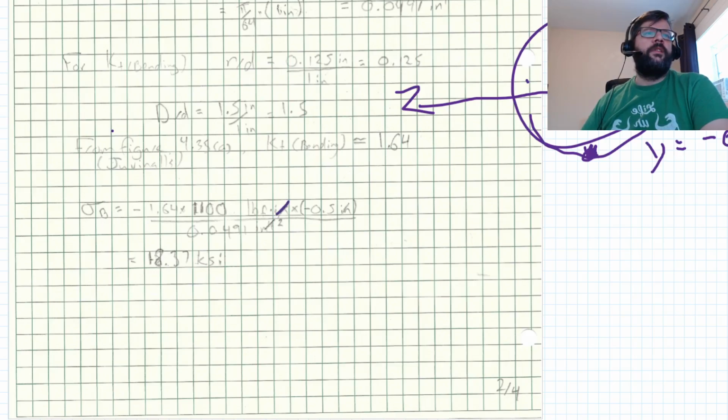Again, inches to the fourth over inches leaves inches squared, so we end up with pounds per inch squared here. Plug everything in, and we end up getting 18.37 KSI.